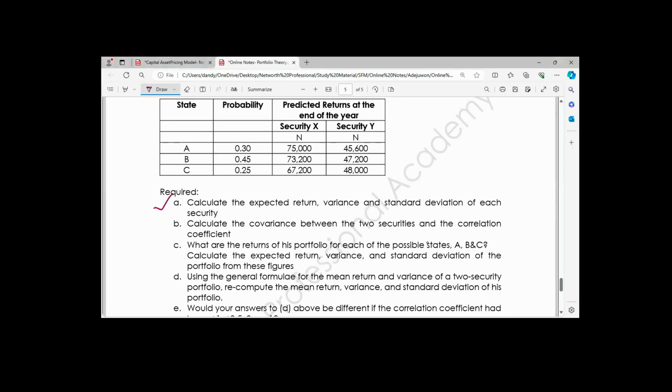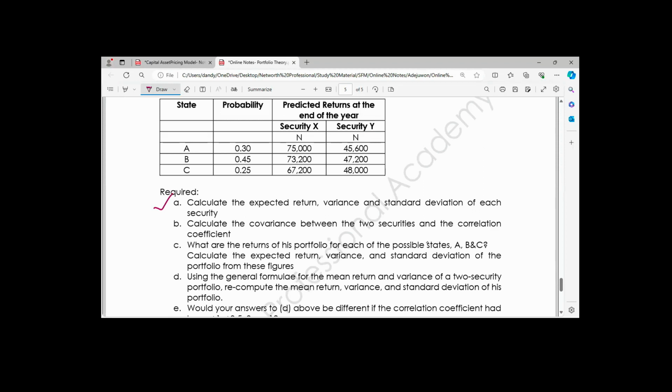Then in B part, you are to calculate the covariance between the two securities and the correlation coefficients. During my last explanation with you, we said that to measure the relationship between securities in the portfolio, you need to calculate correlation coefficients.